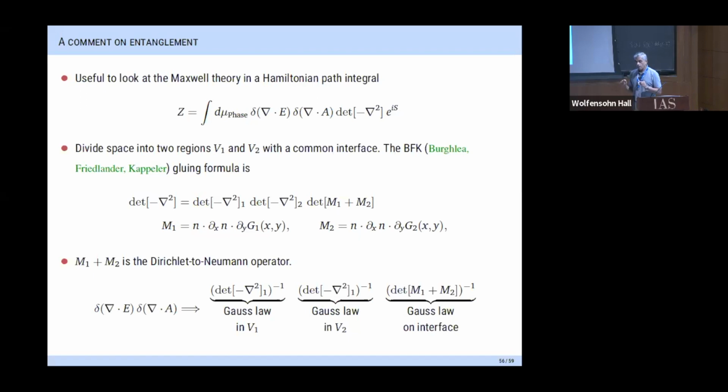And then you ask the question, the determinant over the whole space, how does it relate to determinants defined in each of the subregions? So the determinant of the Laplace operator in the whole space is the product of determinants in each of the regions times interface terms, which are determinants of the Dirichlet-Neumann operator on each of the interfaces.